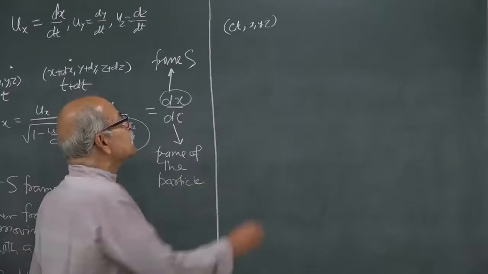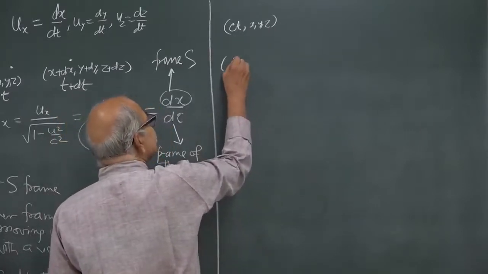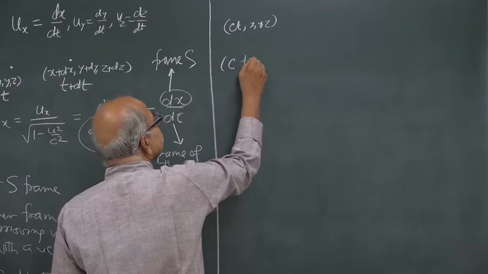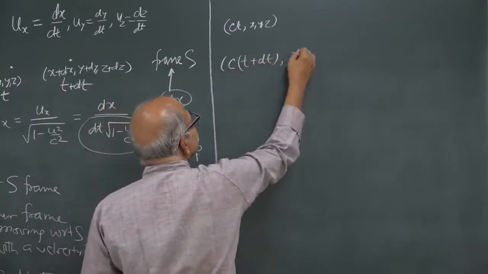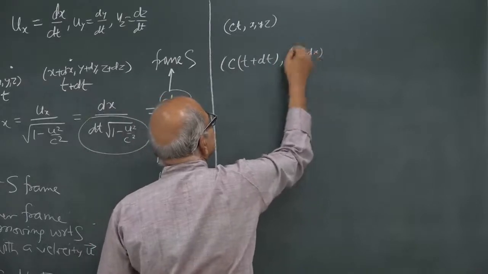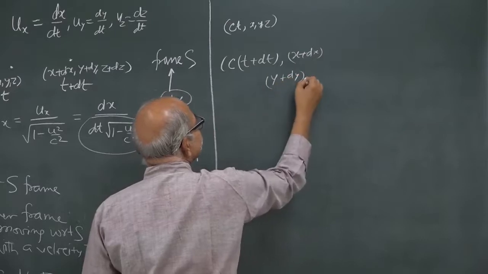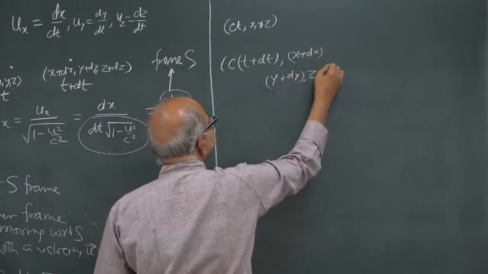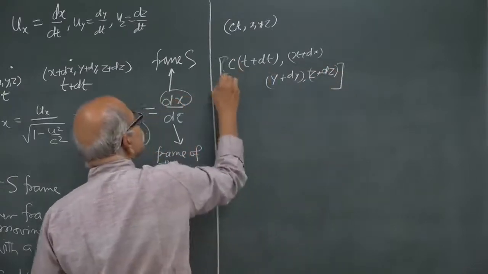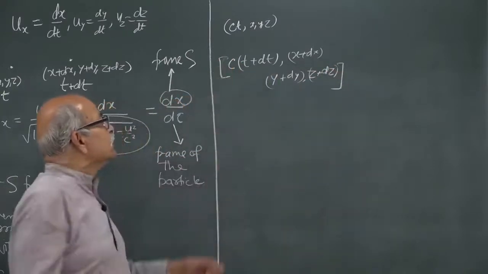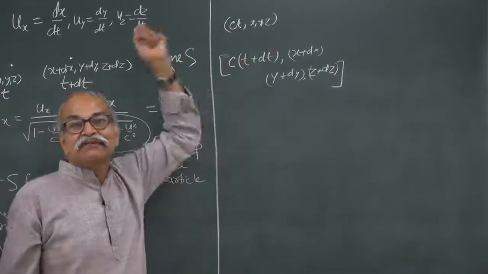So, if this is the position 4 vector, then at t plus dt, x becomes x plus dx, y becomes y plus dy, and z becomes z plus dz. This is also a 4 vector, it is the position of the particle at a given time t.